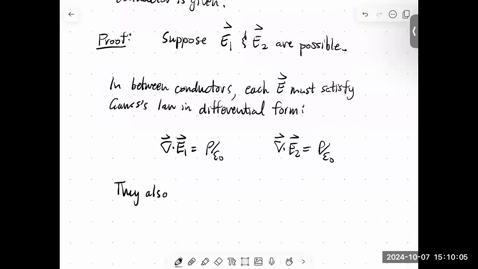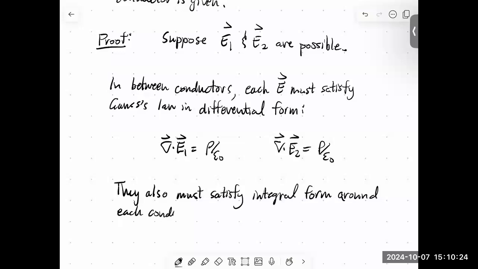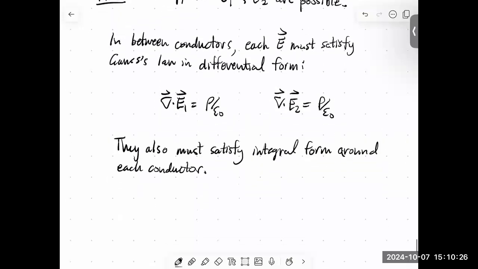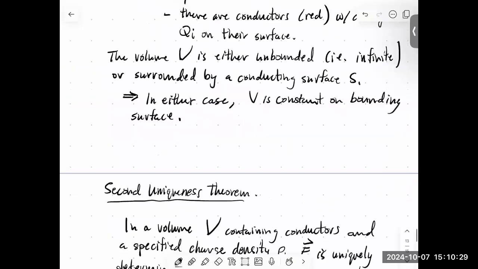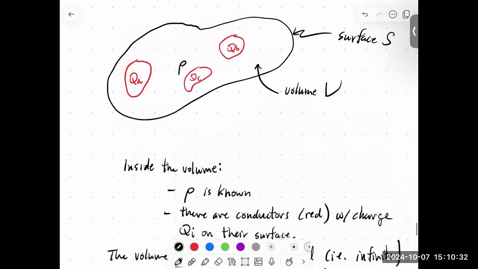They also must satisfy the integral form. And specifically, we're going to go around each conductor. All right, so let's go back to this picture and let's just pick an arbitrary one of these conductors. I'll pick conductor A here that has charge QA. And this is my Gaussian surface.